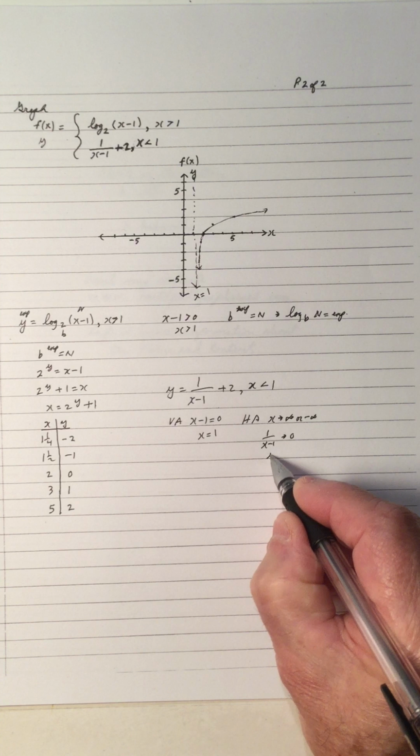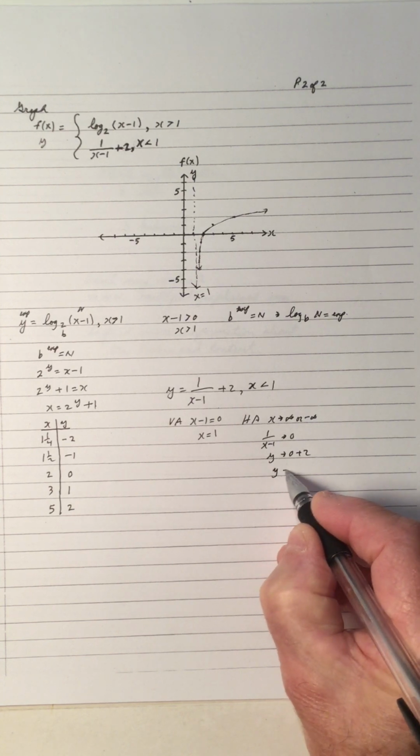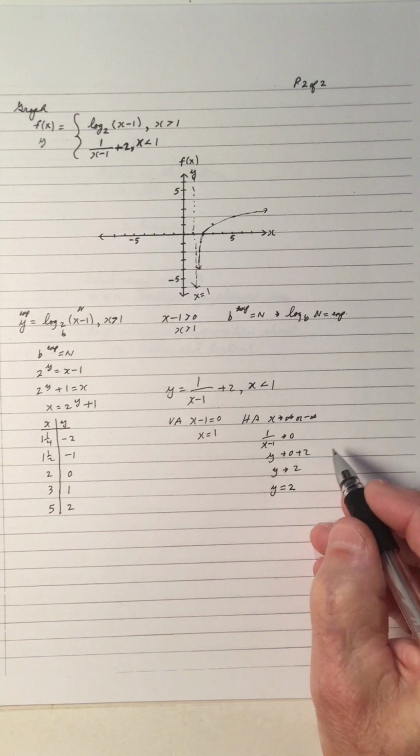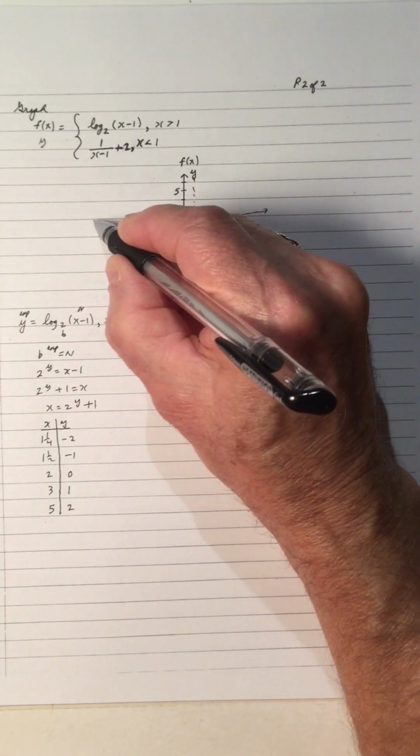That means that y is approaching 0 plus 2, so y is approaching 2. So that means the horizontal asymptote is y equals 2.